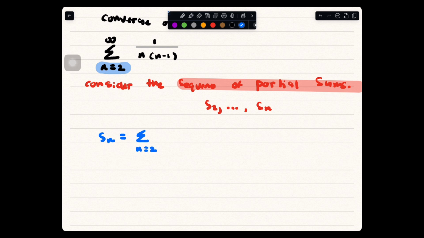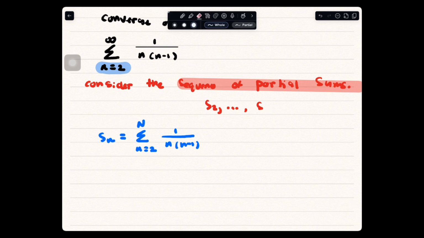You start at 2 and you end at capital N, of 1 over n, n minus 1.